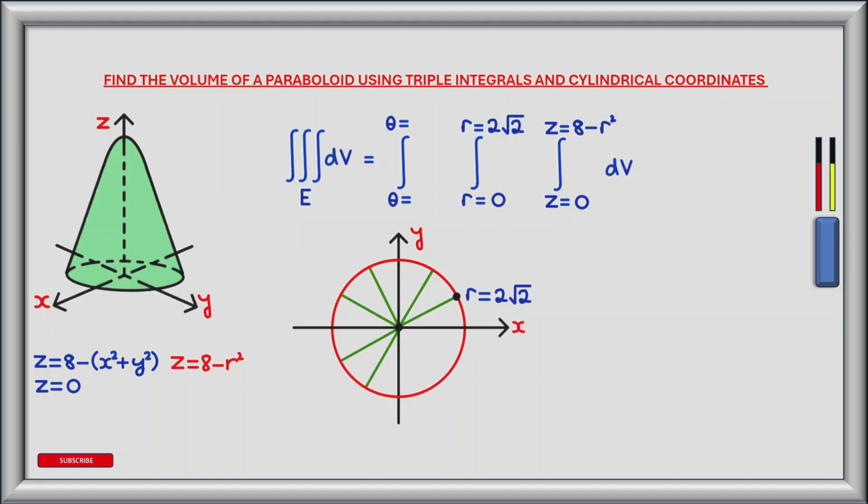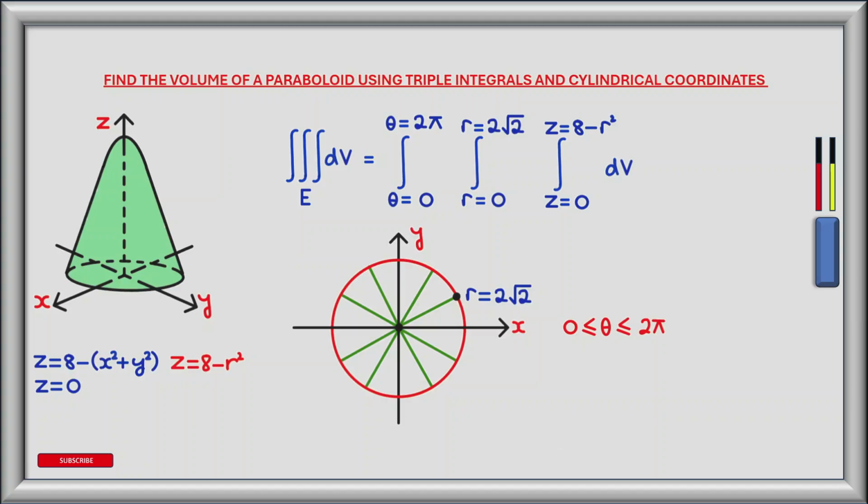As we can see, r goes full circle, and therefore rotates the full 2 pi or 360 degrees. So the lower limit of theta, where theta starts, is at 0, and the upper limit of integration is where theta finishes, and in this case it's 2 pi radians. So we've defined our region using the limits of integration.